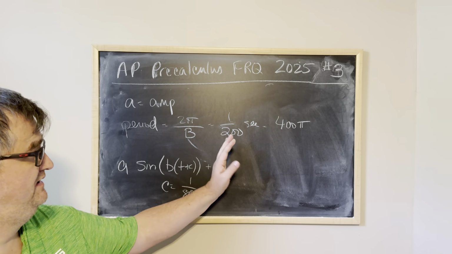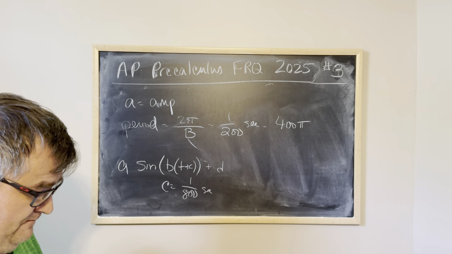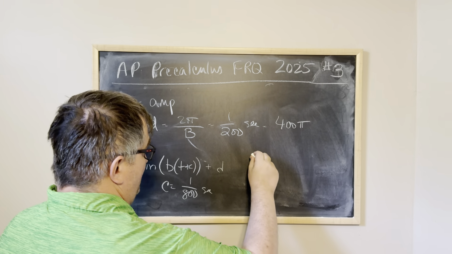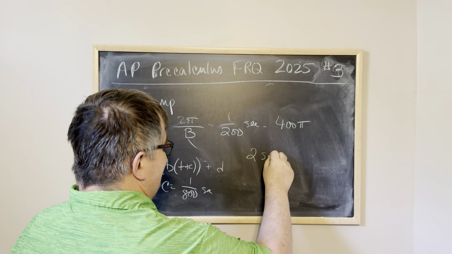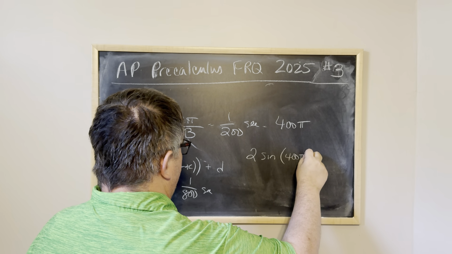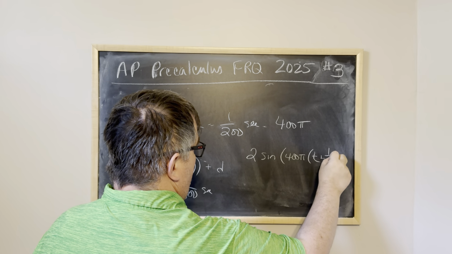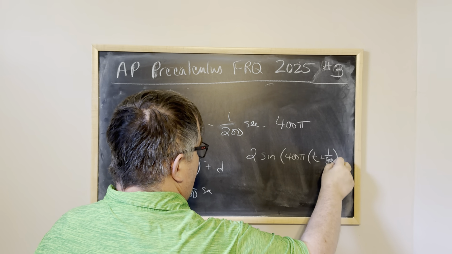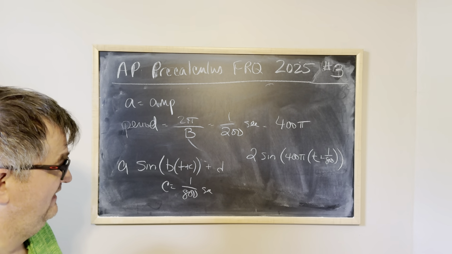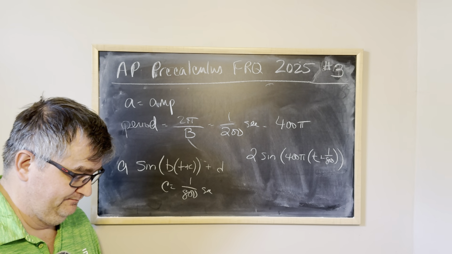Because we know what the period is when we clear everything out, it's 400 pi. So the function that you saw is 2 sine 400 pi t plus 1 over 800. That's the function. Very good trig question. Very good trig question.